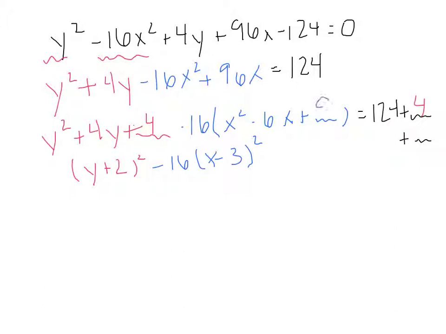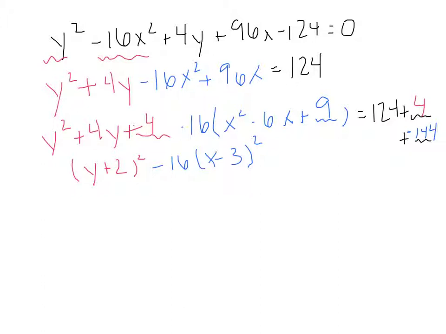Squared is 9. But we didn't add 9. We added negative 16 times 9. So we need to find what negative 16 times 9 is. In this case, negative 16 times 9 is negative 144.